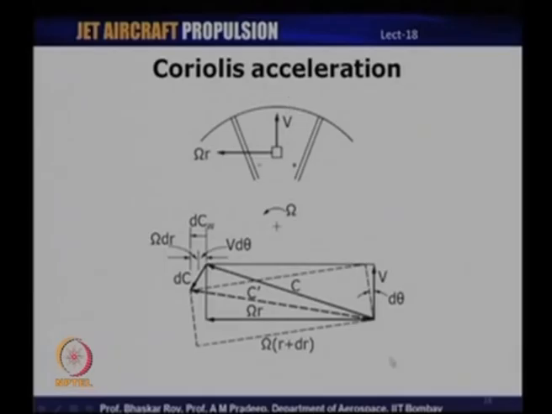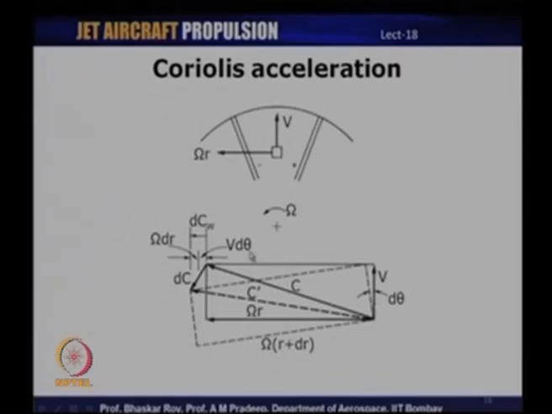At the exit of the impeller, we have two velocity triangles shown here. The one in solid lines represents the velocity triangle at a certain time t0, and the one in dotted lines represents the velocity triangle after a certain instant of time. Since it is a straight radial rotor, the velocity leaves the impeller in the radial direction, and this is the peripheral velocity omega r, c is the absolute velocity. So, that completes the velocity triangle here.